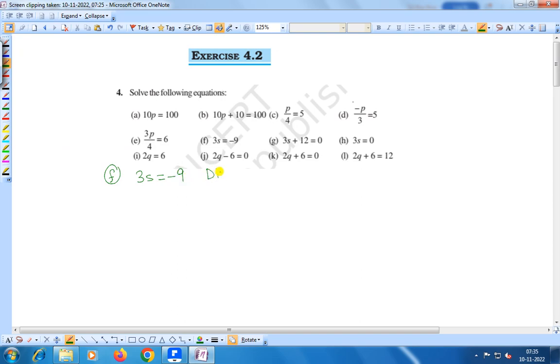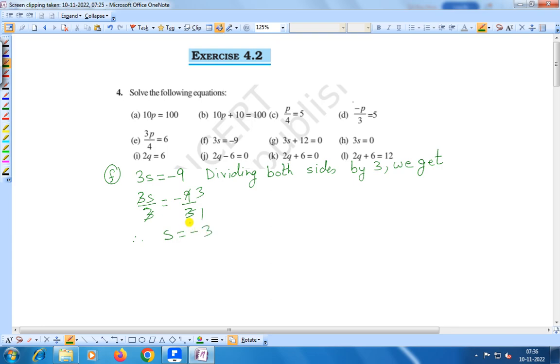Dividing both sides by 3, we get 3s by 3 is equal to minus 9 by 3. This 3 will be cut. 3 1s are 3 and 3 3s are 9. Therefore, s is equal to minus 3.